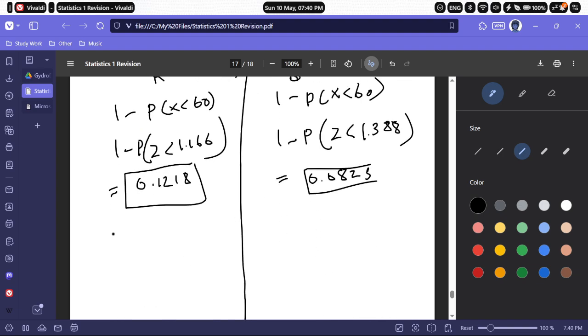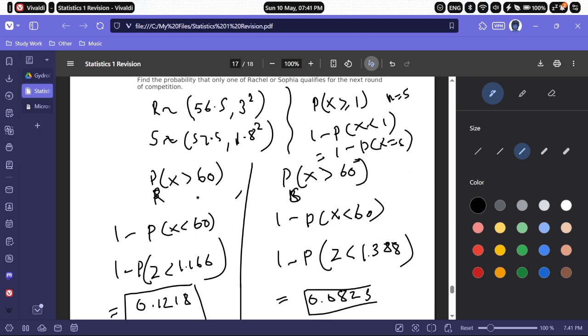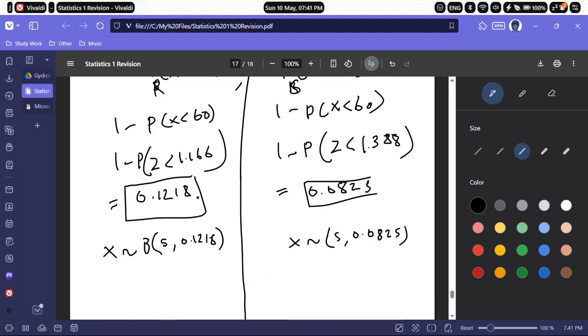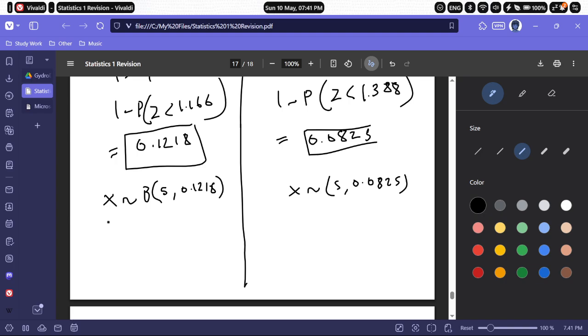So make a binomial distribution now with the success that they throw, n comma p: 5 comma the probability that they throw 60 meters or more, and then 5 comma 0.0825. After that you just do 1 minus the probability that X is equal to 0.